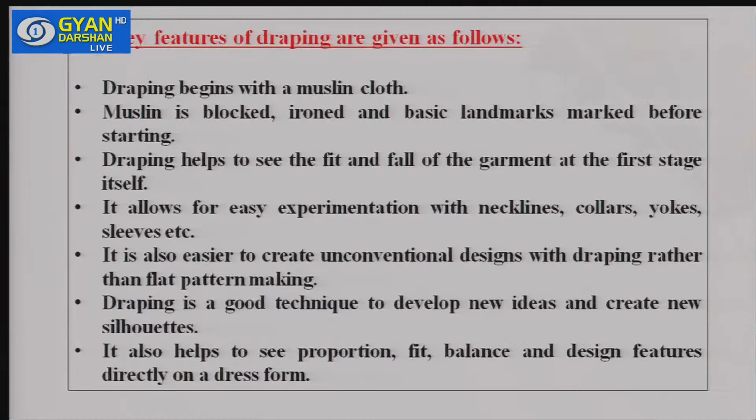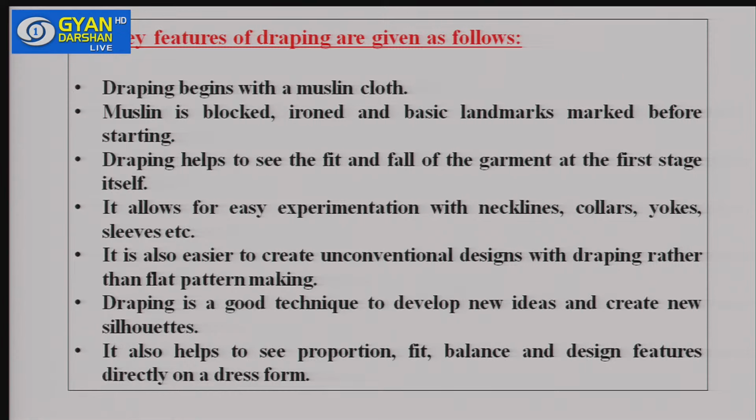Draping helps to see the fit and fall of the garment at the first stage itself. As you start putting the fabric on the dress form, you can see the fit and fall of the garment at the first stage. Draping allows for easy experimentation with neckline, collars, yoke, and sleeve.